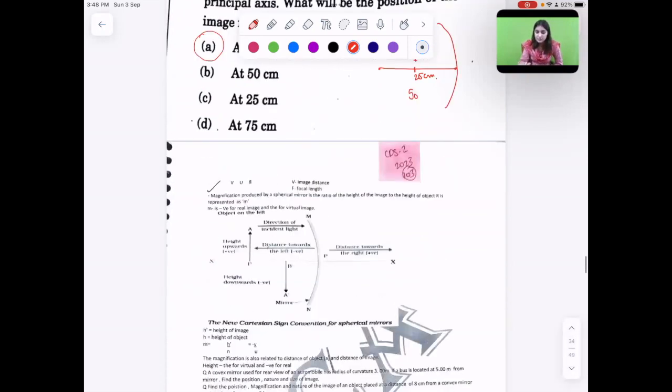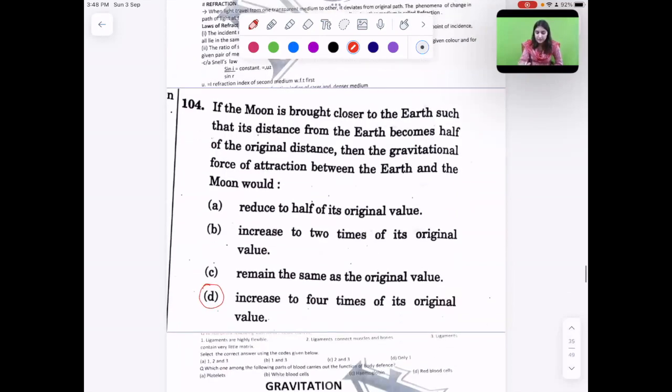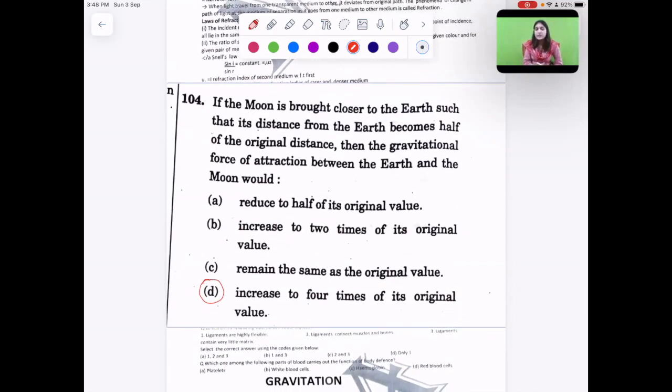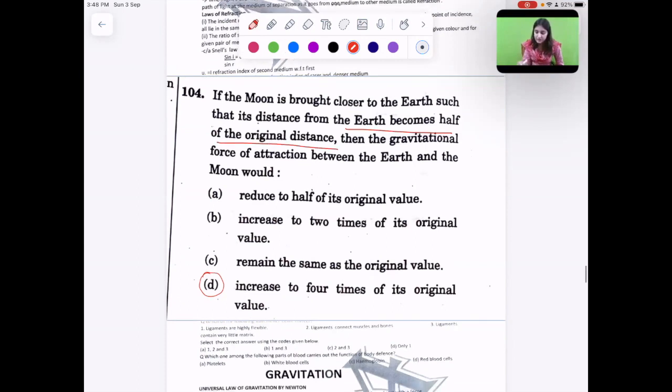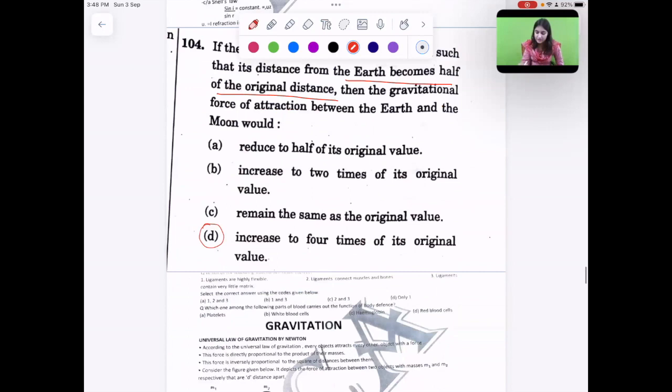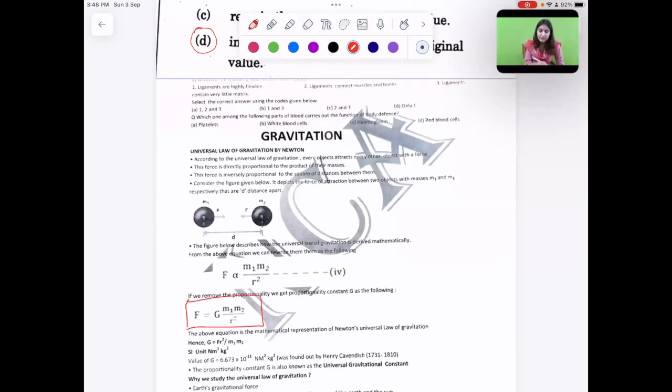Next, 104. This question says that when the moon is brought closer to Earth, what will be the force of attraction? So here the distance between Earth and Moon becomes half of its original value. Let's look from the notes. This is the formula from which we will answer this question.